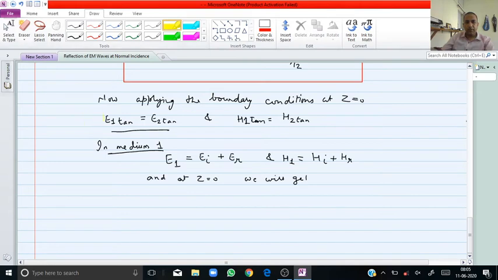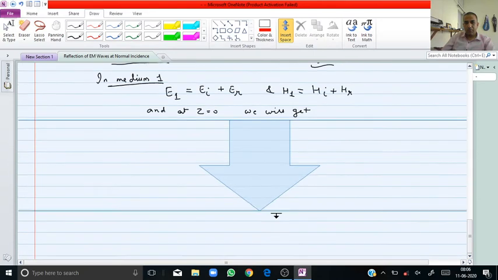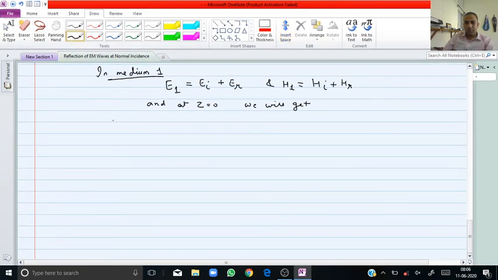Leave it, that is this condition. Okay, so due to this condition, at the interface we will have E I naught, because Z becomes 0, plus E R naught is equal to E T naught.